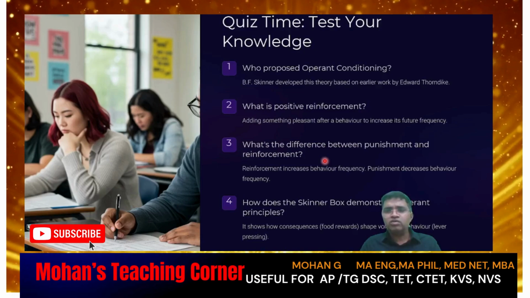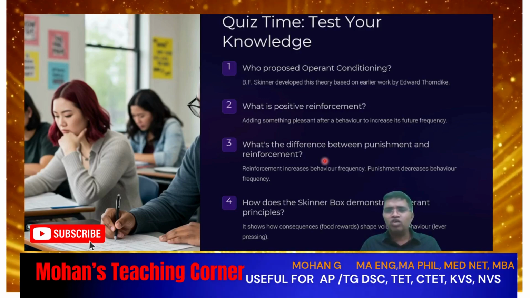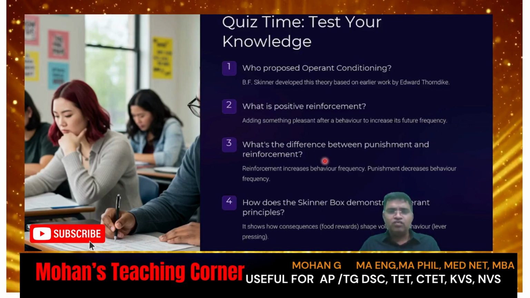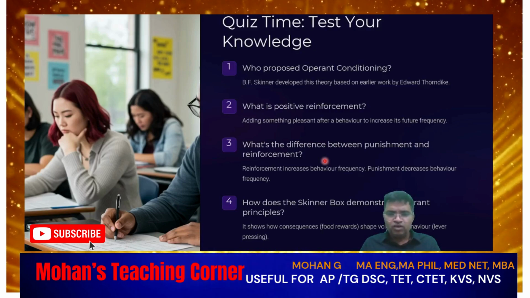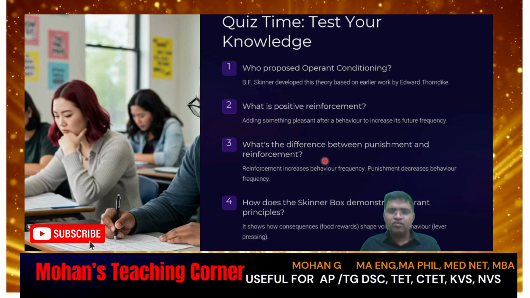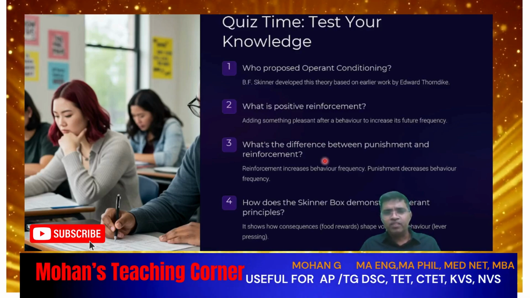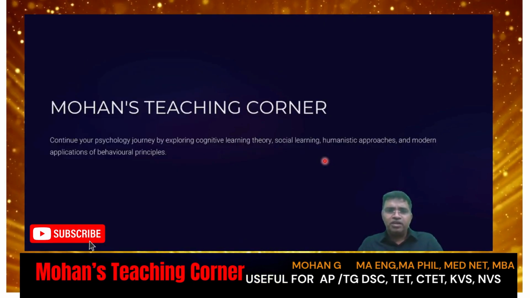How does the Skinner box demonstrate the operant principle? It shows how consequences, food rewards, shape voluntary behavior, lever pressing. If you press the lever, it is going to give the food. If you have good behavior and do the proper thing, the reward will come, the certifications come like that. So this is about operant conditioning.